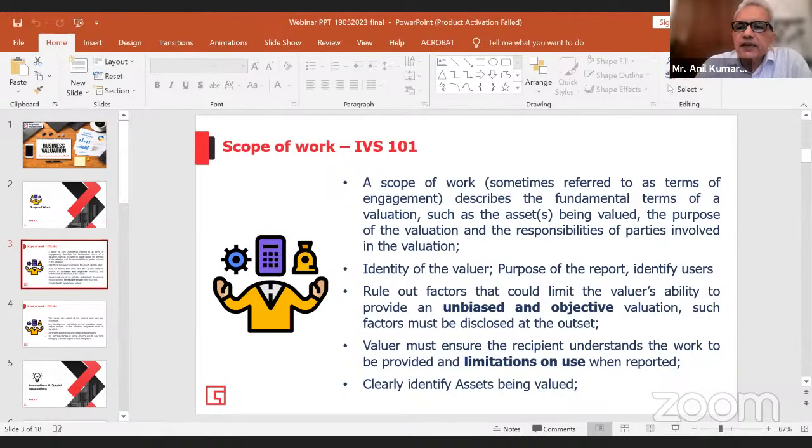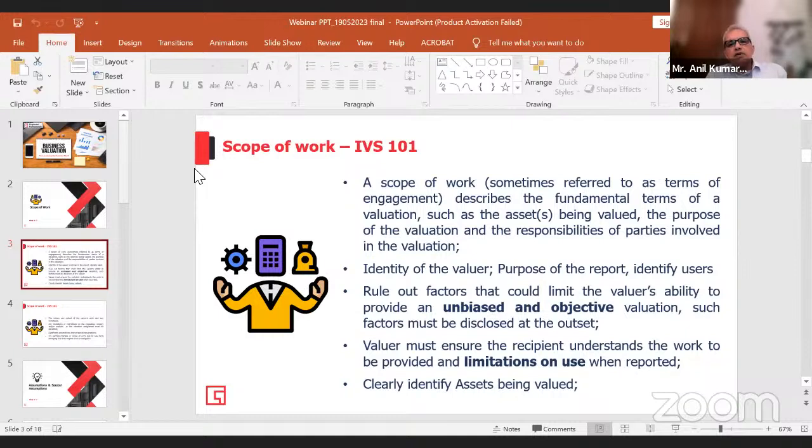Clearly, of course, identify the assets which are being valued. So suppose I'm a plant and machinery category valuer. When I write my report, I need to clearly identify those assets. I cannot intrude into other asset categories. For instance, I would not do inventories, or current assets, or land and building, because I'm a plant and machinery category asset valuer.